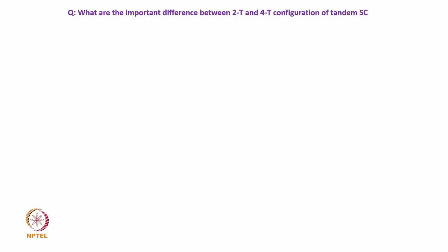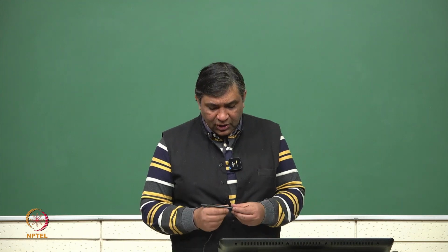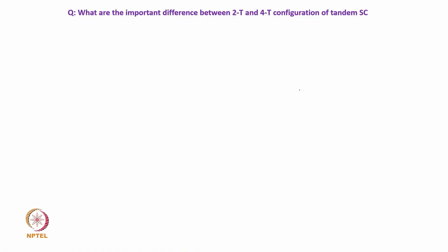So, what we have seen, the tandem solar cell can be of two important configurations. One is 2 terminal configuration, another is 4 terminal configuration. So, what happens when we have 2 terminal configuration or 2T configuration? We have one cell which is the higher band gap solar cell, and then another is lower band gap solar cell.